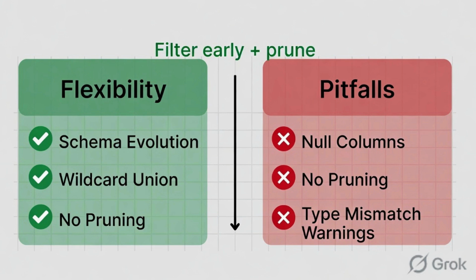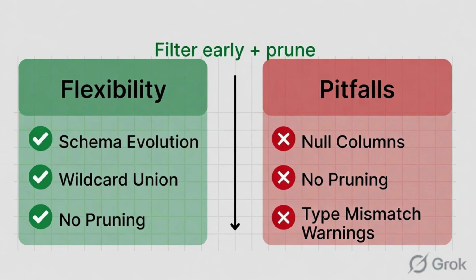Union just works with changing schemas, super forgiving for logs and telemetry. On the right pan, pitfalls, red warnings for lots of null columns cluttering output, no pruning, union * scans everything if unfiltered, and type mismatch risks, string versus int crashes or bad casts.